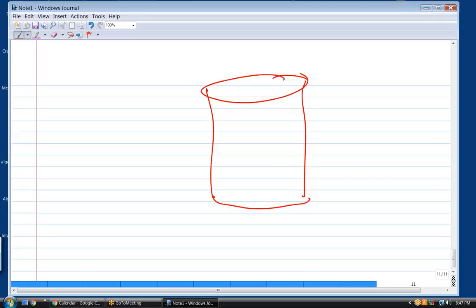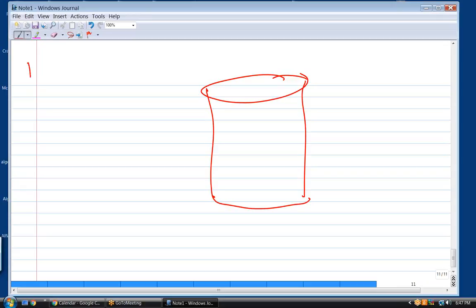In other words, I'm making this thing out of aluminum or tin. I want to use as little material as possible to produce a 1-liter beer can or a pint beer can or whatever. I always want to design my beer can so that I get the maximum amount of volume given the least amount of surface area.